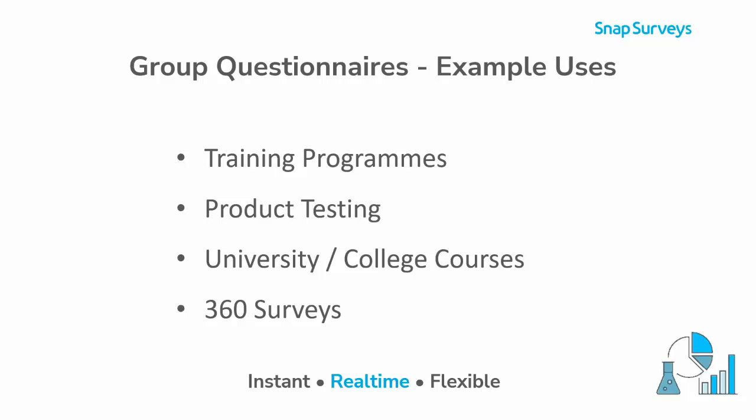And then another use of this functionality would be a 360 survey, and this is used in organisations allowing employees to give feedback on the individual, so themselves, but also on their peers, their superiors and their subordinates. That's the example that we're going to be looking at in our webinar coming up in April.